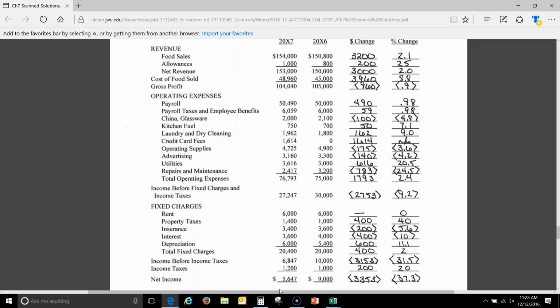Not necessarily, though. We had an increase in sales, so we are selling more product. It's just that the cost of selling that product is increasing more than the revenues are increasing.